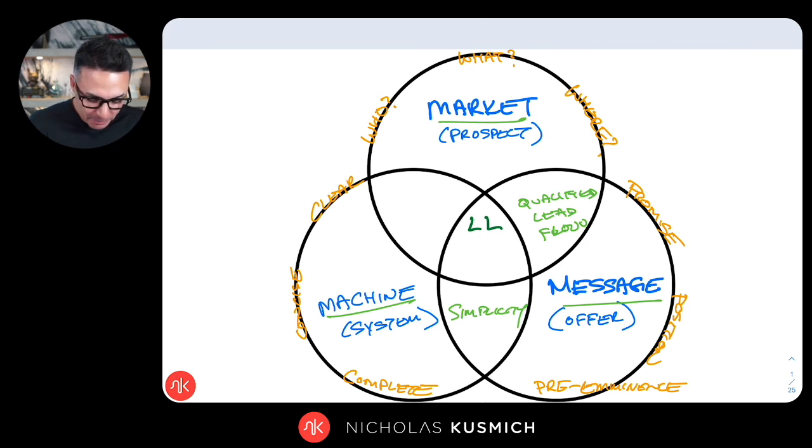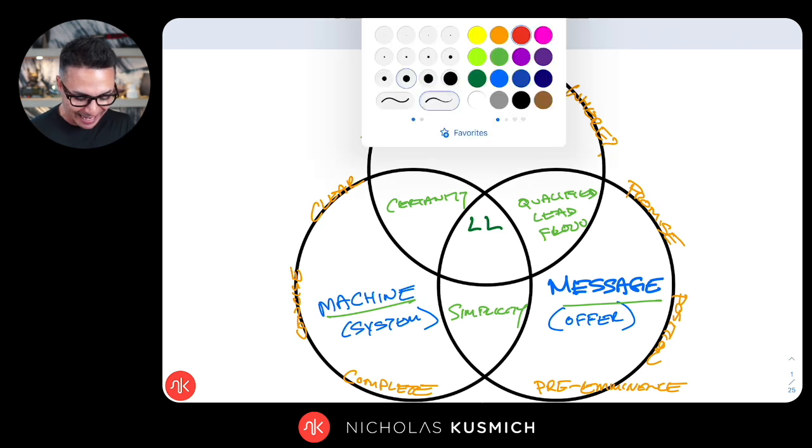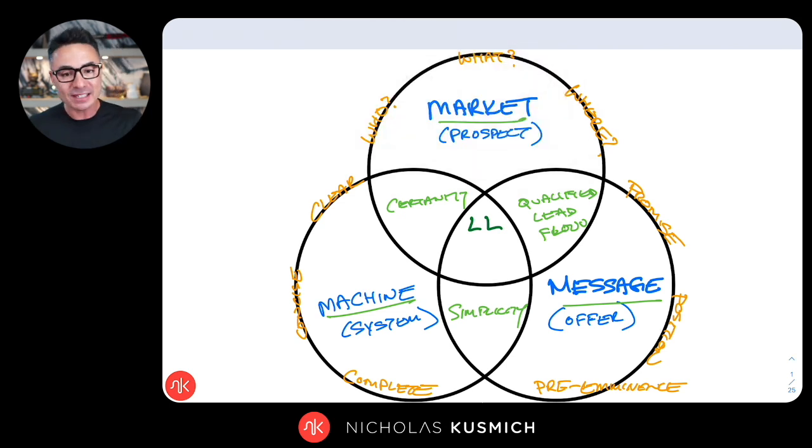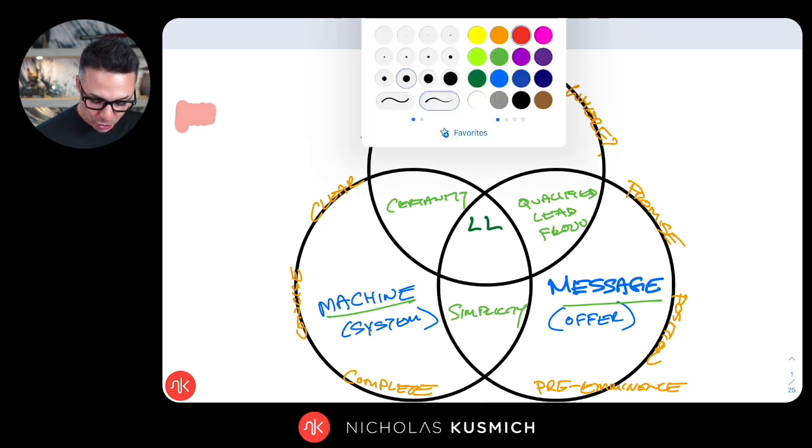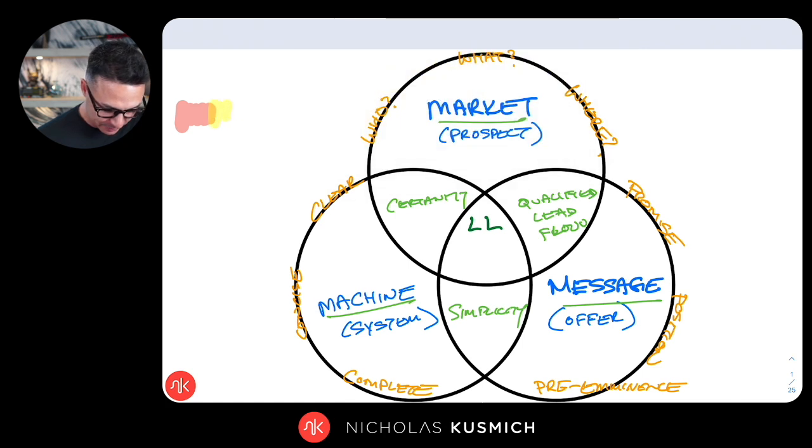And then if you have the machine and the market, when they kick in, you have certainty. You know, it's predictable. The entire thing works. And so the first part of this entire process, or what you really need to ask, is for each of these elements, your market, your message, and your machine, where do you rank in these elements, right?